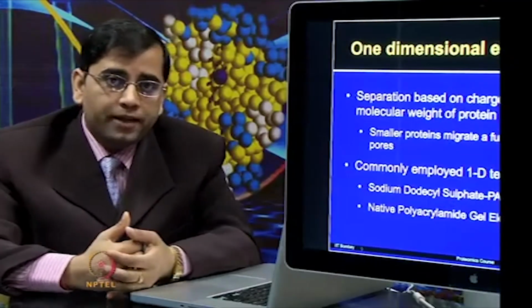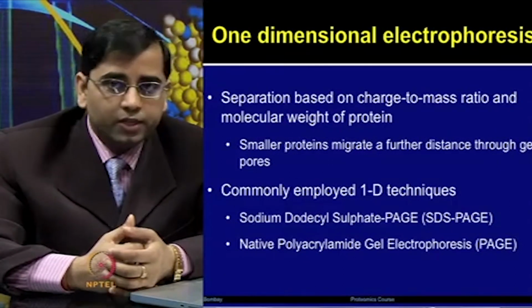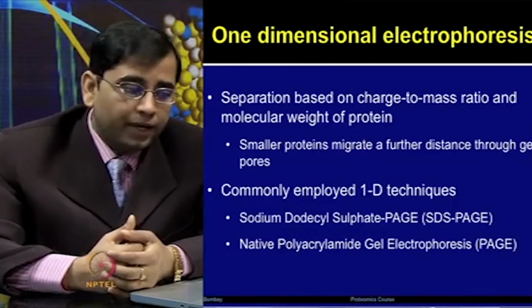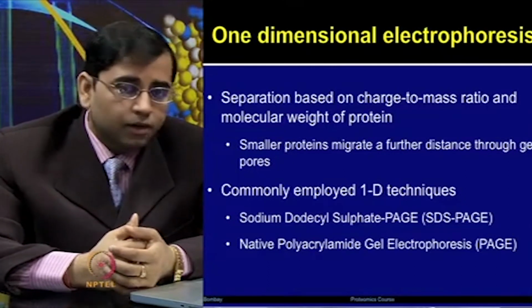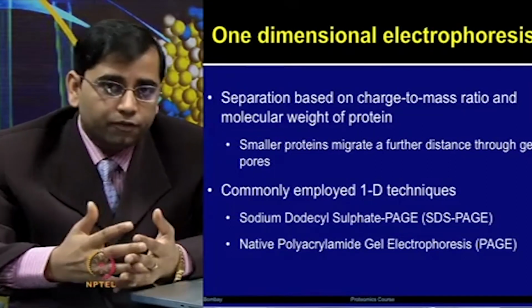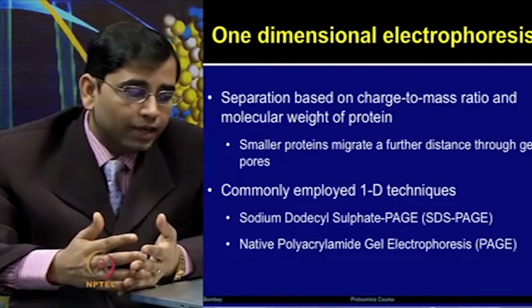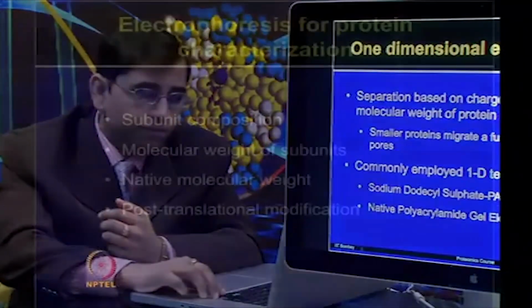Commonly employed one-dimensional techniques include sodium dodecyl sulfate PAGE, SDS-PAGE, or another technique which is used for studying the protein in the native form, which is known as native polyacrylamide gel electrophoresis or native PAGE.